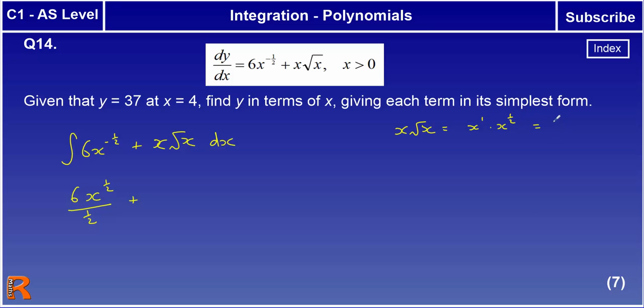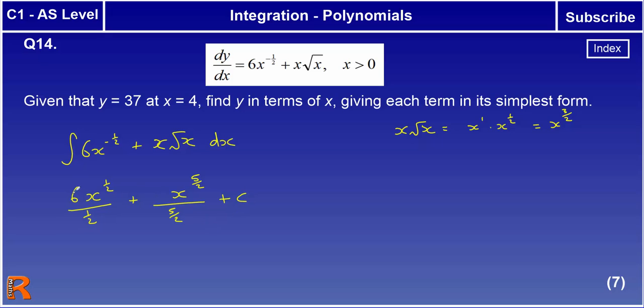And when we multiply powers, we just add them. So we get 1.5, but we really should write that as a top-heavy fraction, 3 upon 2. So we've got to integrate x to the 3 upon 2, so we add 1 to the power to get 5 upon 2, because we add 2 halves to 3 halves to make 5 halves. And we need to divide by the 5 upon 2, and we need to add on a constant.